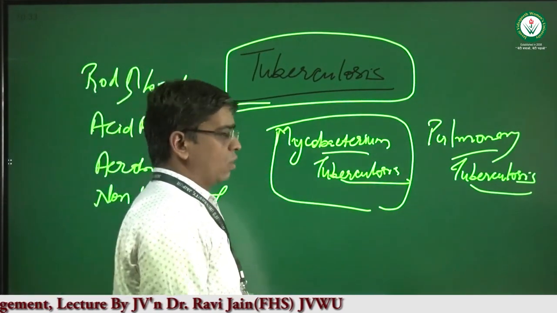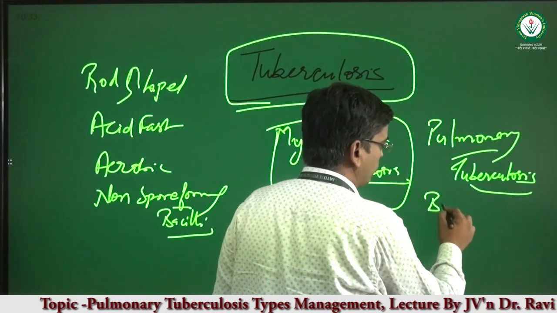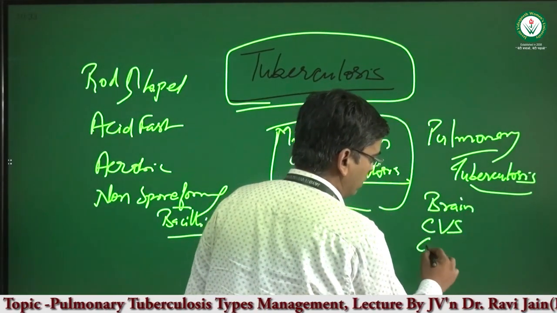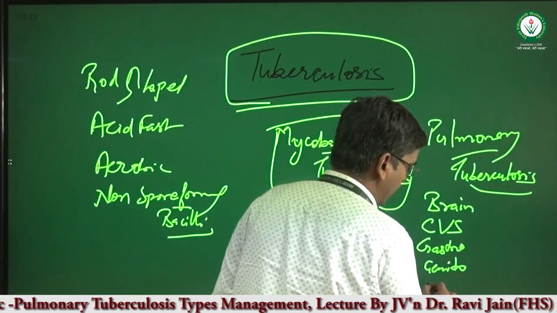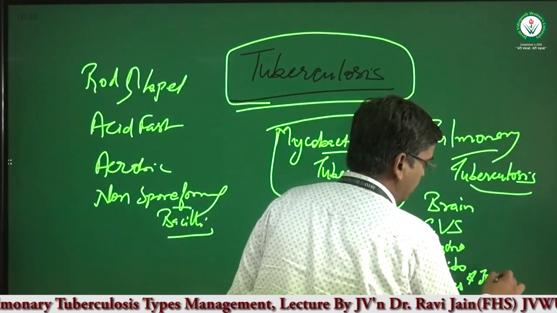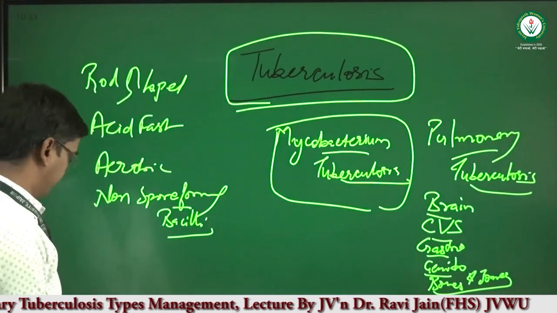There are other sites also which are affected, which includes the brain. We also have the cardiovascular system, gastrointestinal system, genitourinary system and bones and joints. These are the common sites which are also affected by tuberculosis.